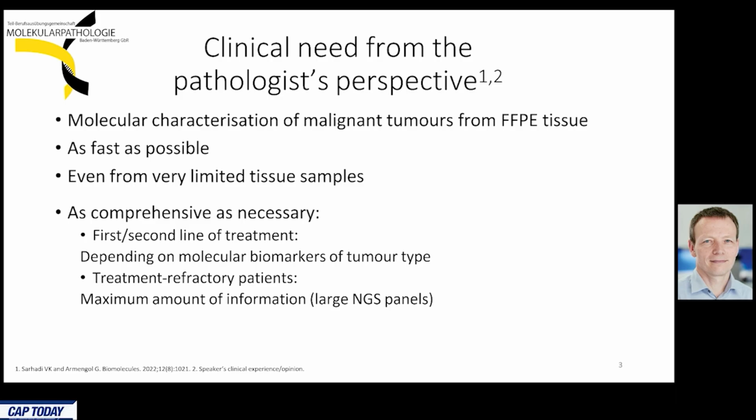This characterization is as comprehensive as necessary, depending on the entity and the molecular biomarkers which are relevant for the first or second line treatment. For patients who have exhausted all treatment options, we try to extract the maximum amount of information using larger NGS panels.